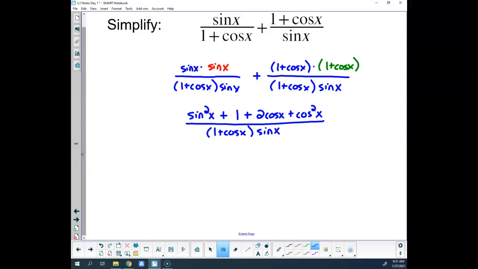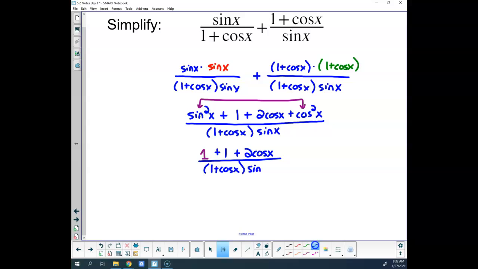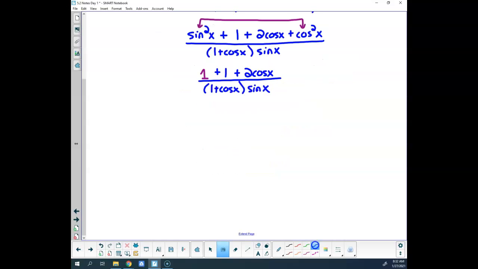But because of the addition symbols, that is bad. Yes, sine squared plus cosine squared is equal to 1. Re-simplify the top again.